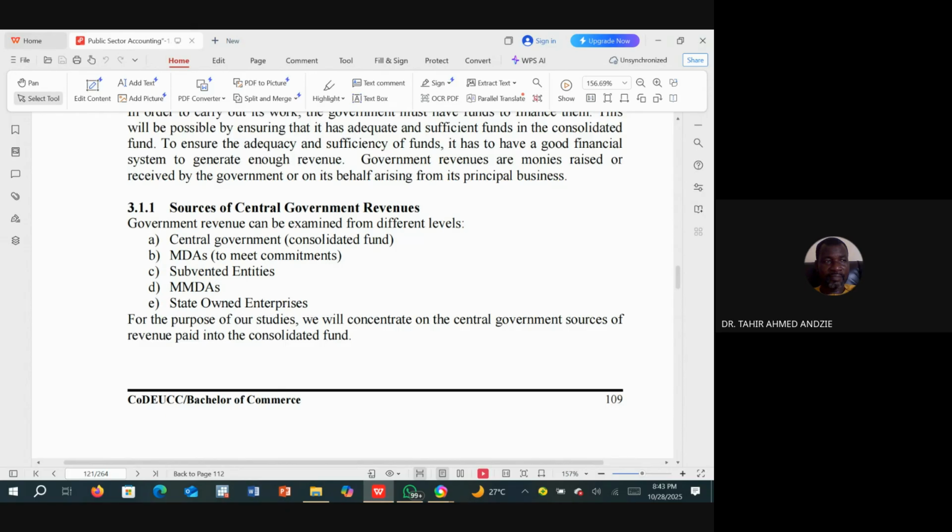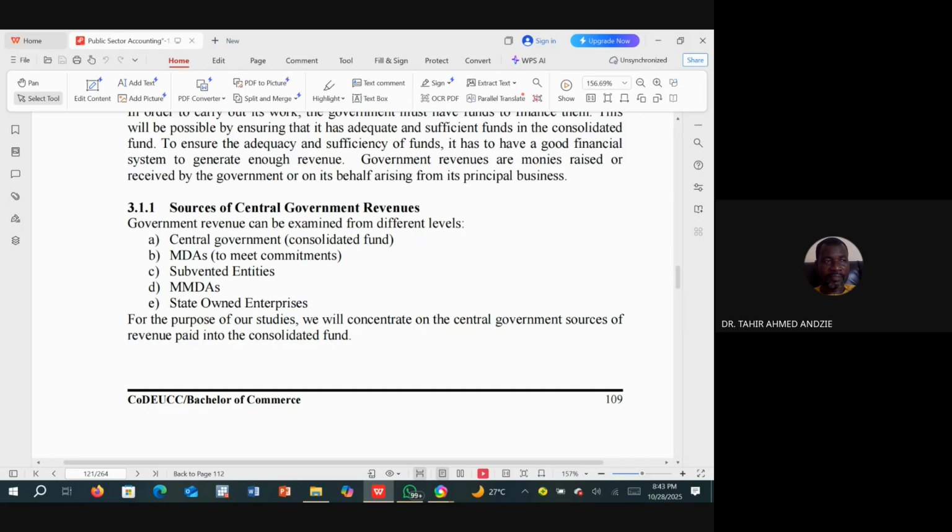then MMDAs. So we have revenue coming from the central government, which goes into the consolidated fund. Revenue from the ministries, departments, and agencies, some of which they use to meet their commitments, and then some of the subvented entities like universities and institutions that government supports.